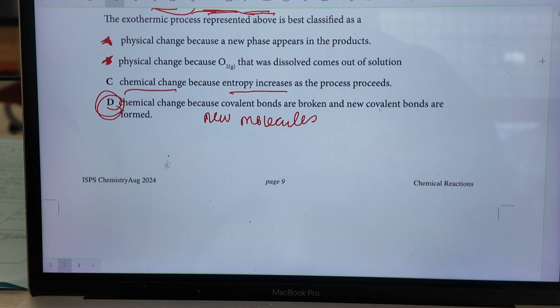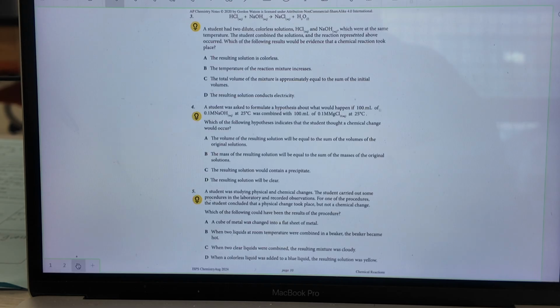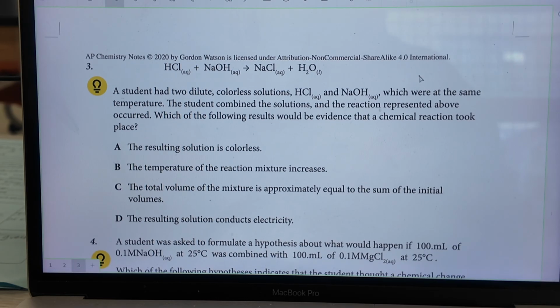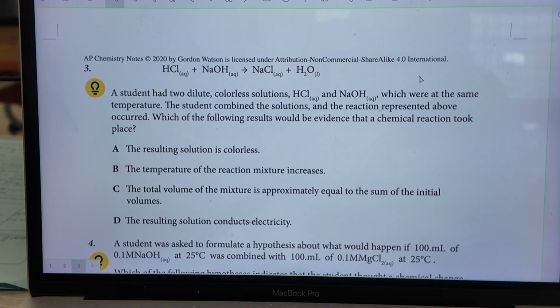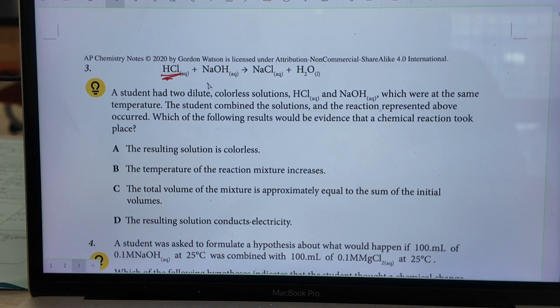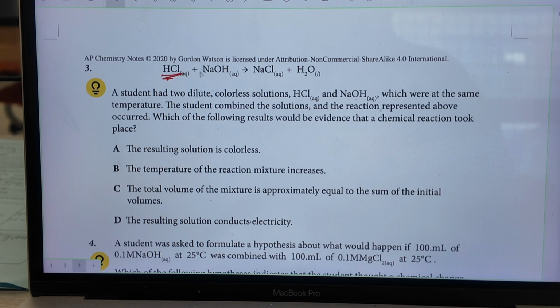The next one. Okay. For this one, you're mixing hydrochloric acid, right, and NaOH, which is sodium hydroxide, and they tell us they're both dilute and colorless.